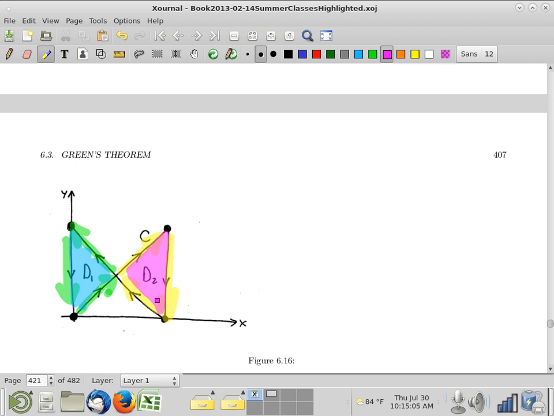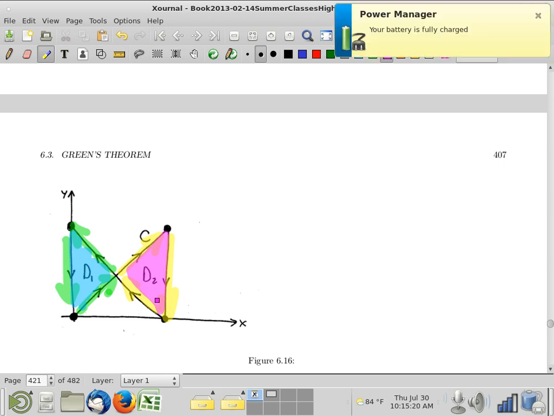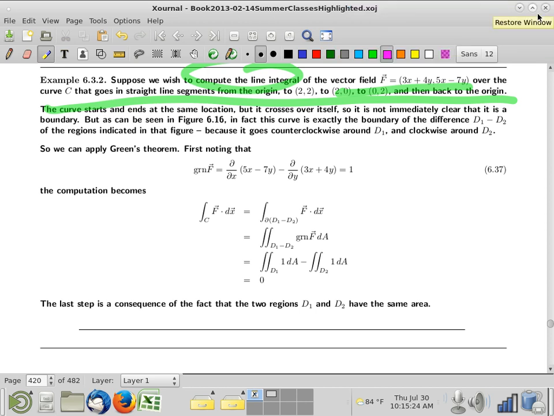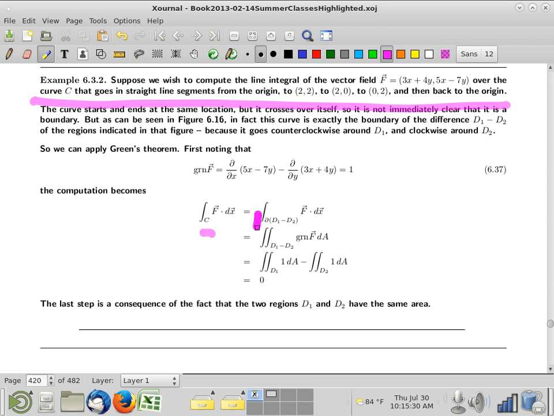Said differently, these three yellow curves are the boundary of a negatively oriented D2. So it's a little bit of a weird case of a curve being a boundary. This is a boundary of a strangely defined region. Nevertheless, this curve that we're given is a boundary.